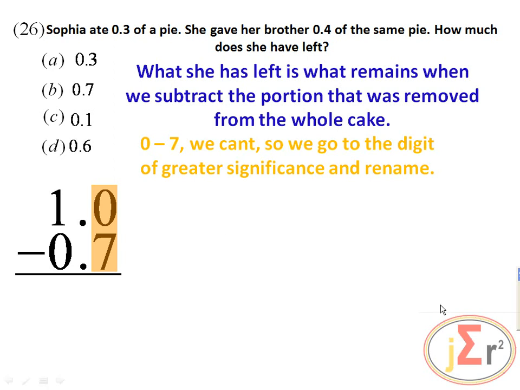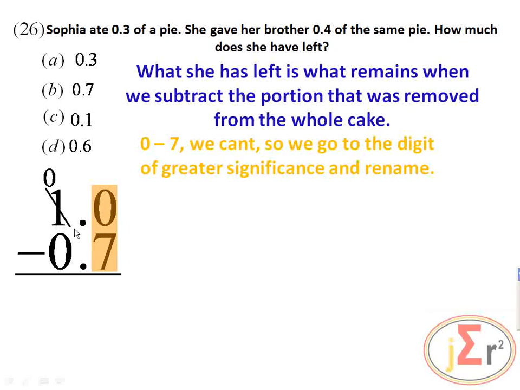So the digit of greater significance is this one here. But do not forget that what we have here is a decimal point. So this is a decimal fraction. Therefore, this column represents tenths, and this column represents ones. So we go to the ones column and we rename the 1 by removing this 1.